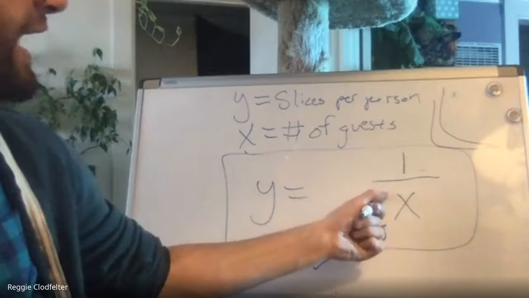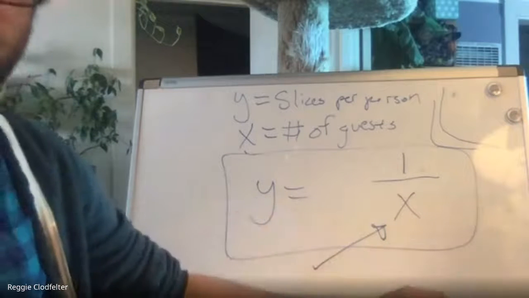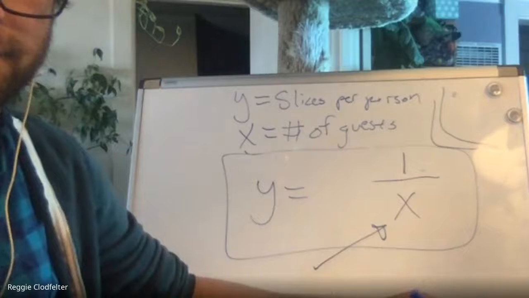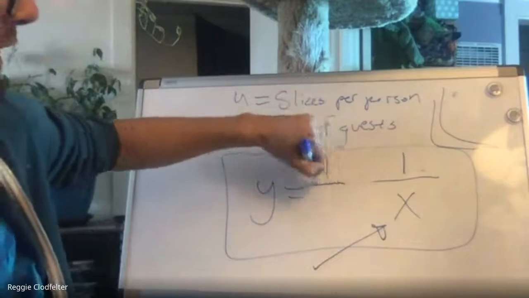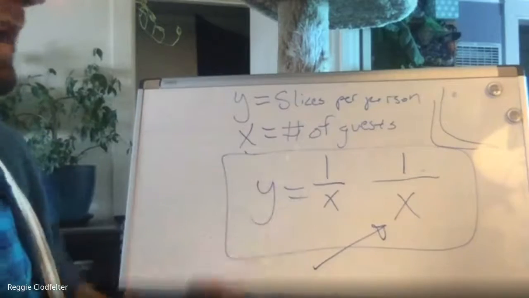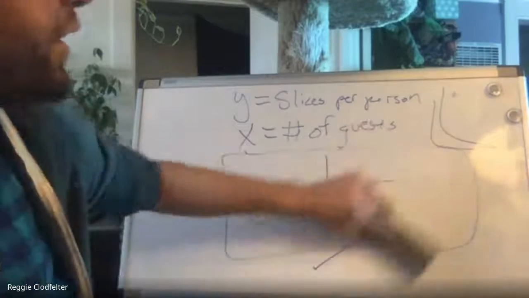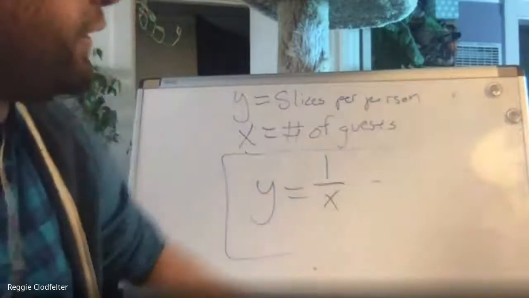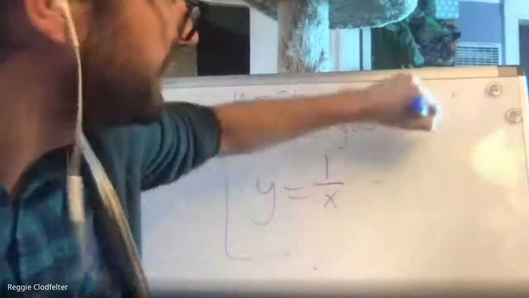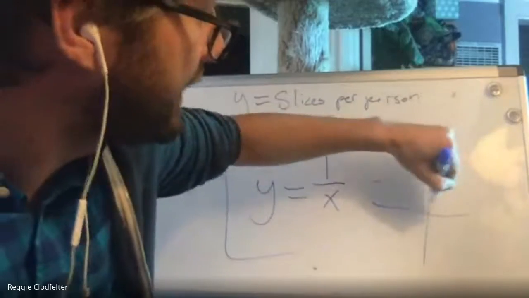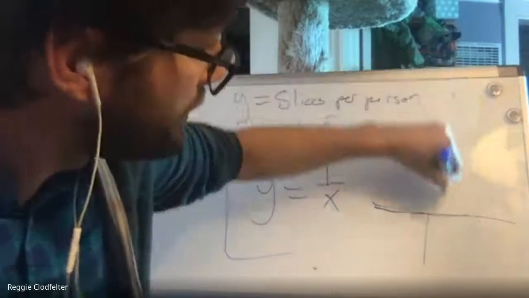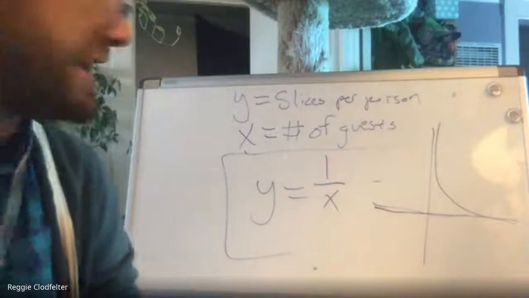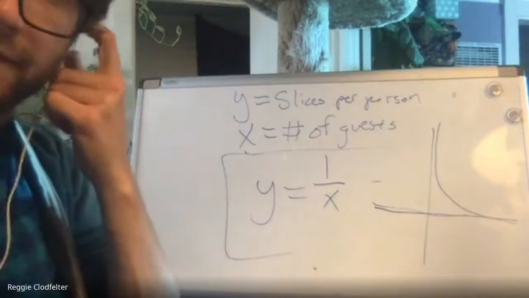And if I can't divide by 0, can y ever equal 0? No. So equations in the format of y equals 1 over x are rational functions. And these are going to look like the ones we drew, where it's this curved line that can never touch the axes. Okay?